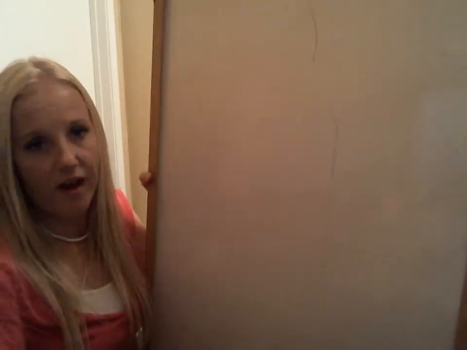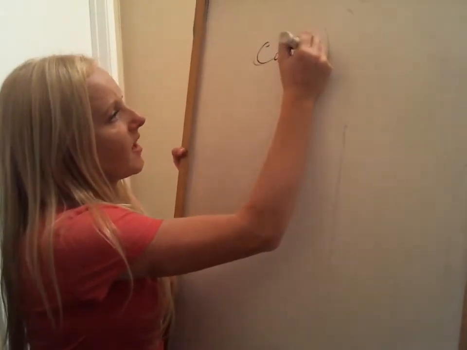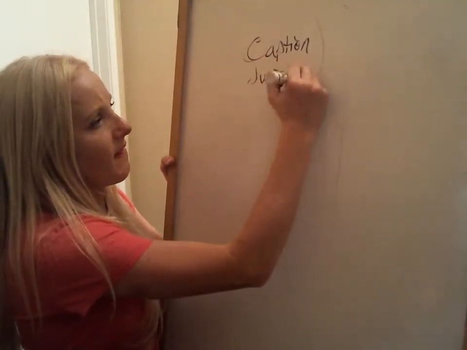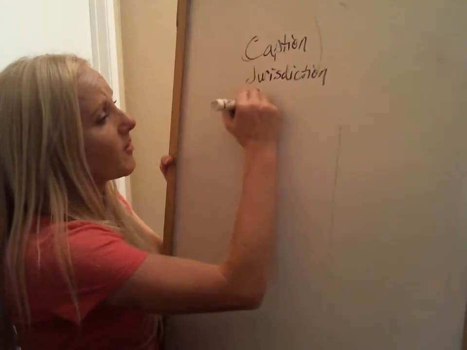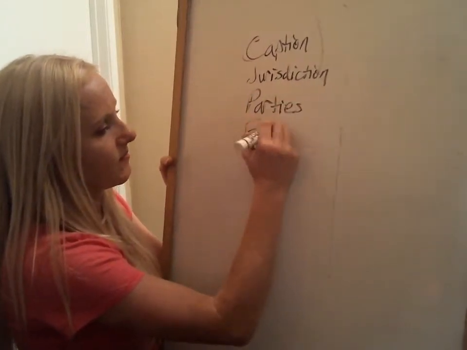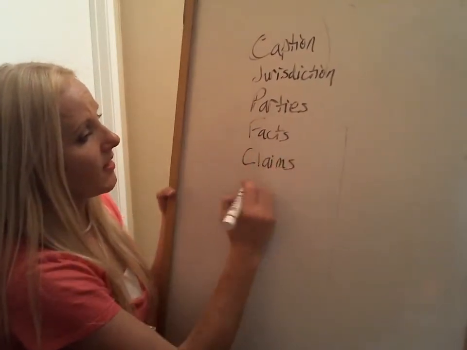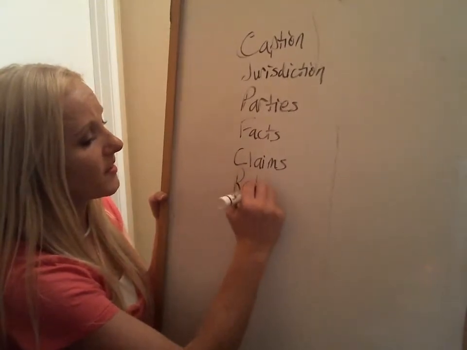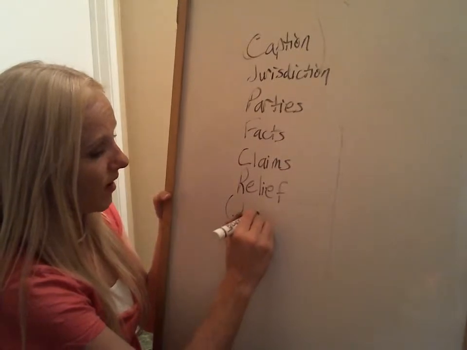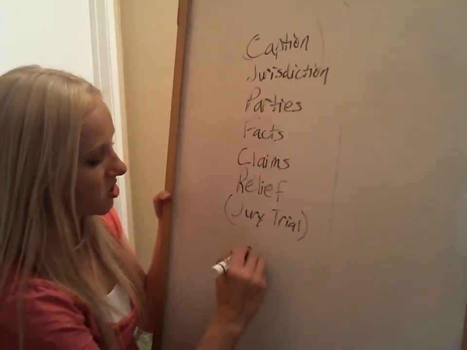Make sure when you have your complaint, you start with a caption. Then after the caption, you have the jurisdiction. Then you have the parties, then the facts, then the claims, then the request for relief, and then the jury trial, if you want the jury trial demand, and then the signature.